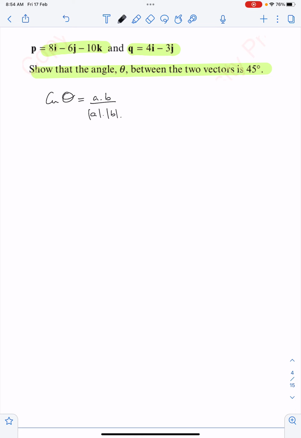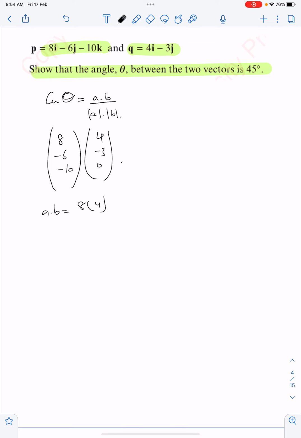I'm going to write down the vectors in vector form: 8, minus 6 and minus 10, and the other one is 4, negative 3, and there's nothing with k here, so I can write 0k. So the dot product a dot b is going to be 8 times 4 plus minus 6 times minus 3 plus negative 10 times 0, the result of which is 32 plus 18 plus 0, which is 50.